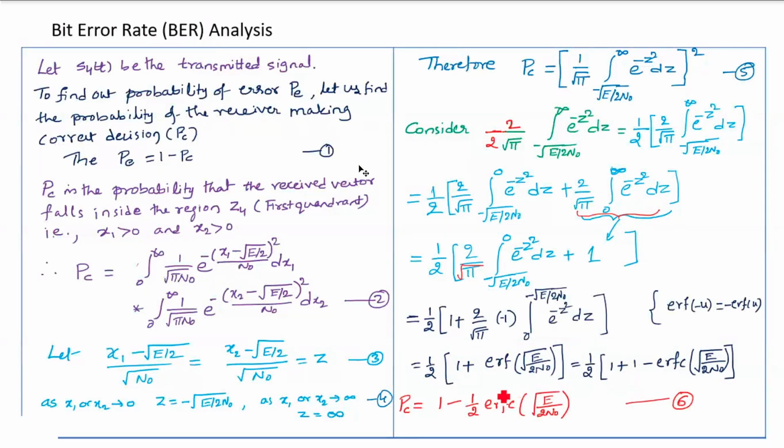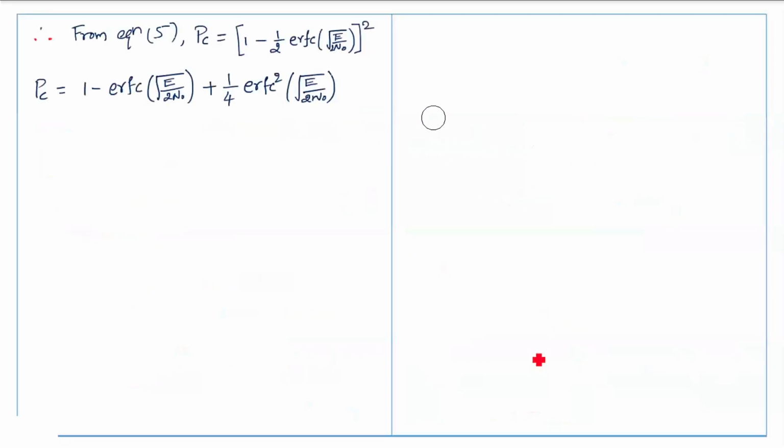So 1 plus, probability of making correct decision is 1 minus 1 by 2 ERFC of square root of e by 2 n naught. Okay, we substitute this.